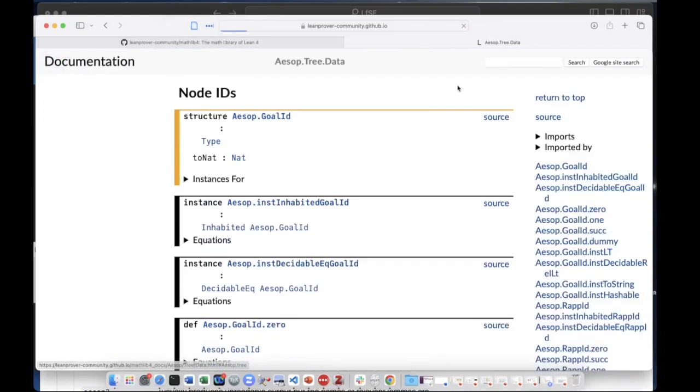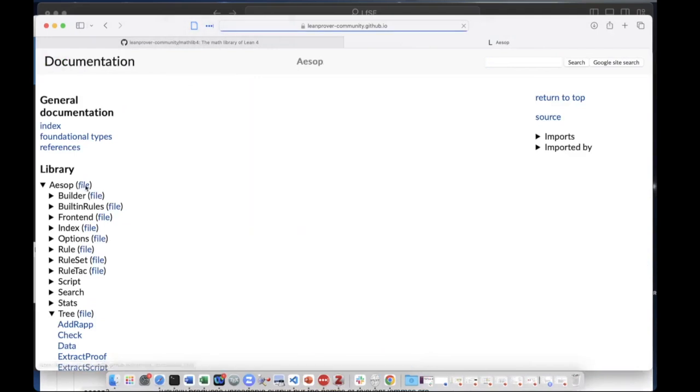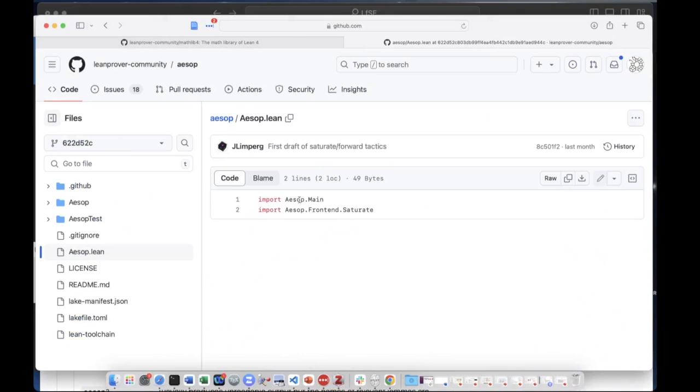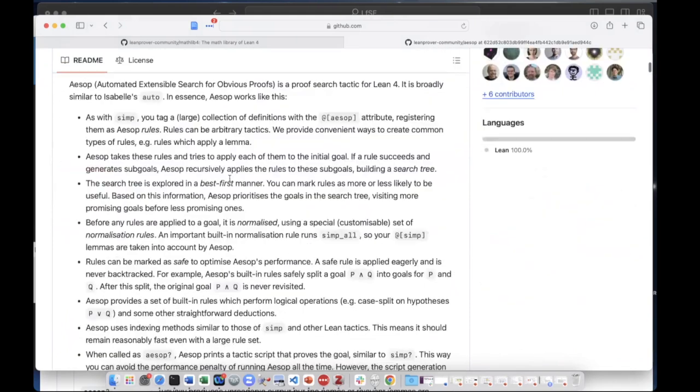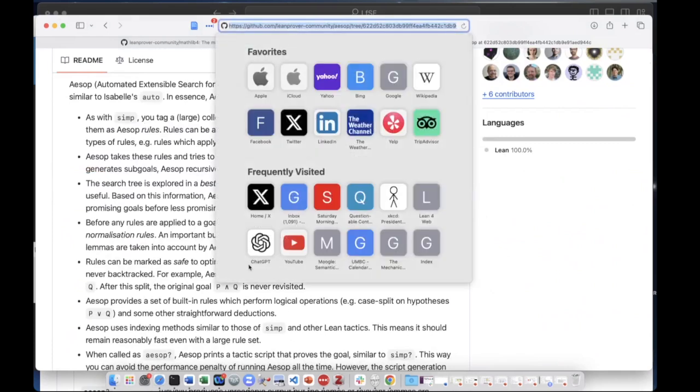Let's hop into one of these. ASOP is automated extensible search for obvious proofs. And here, I will just copy this and share it in the chat.